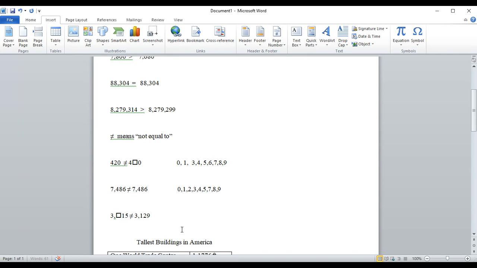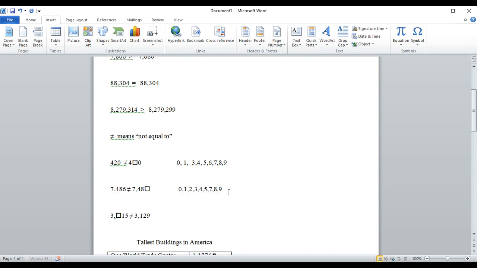And then if we look at this next problem right here, we have 3,000. I'm going to take that out so that doesn't seem confusing. So the only digit we don't have in this row is the 6, the one that was going to have the box.